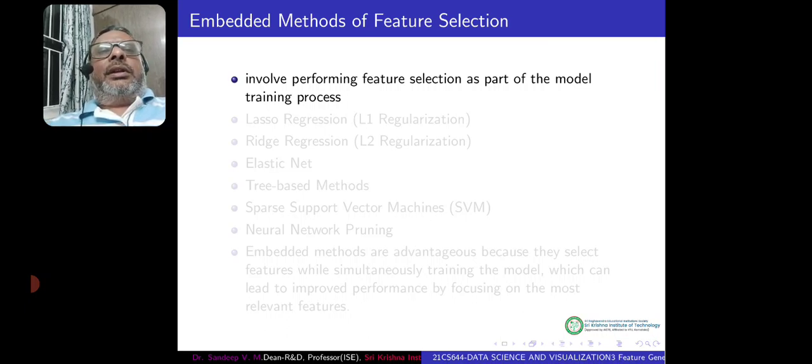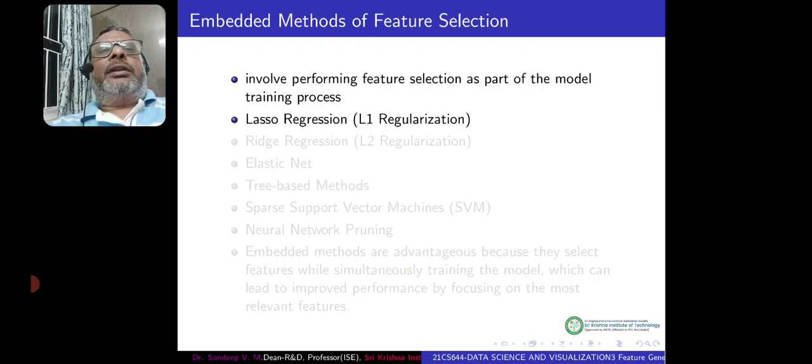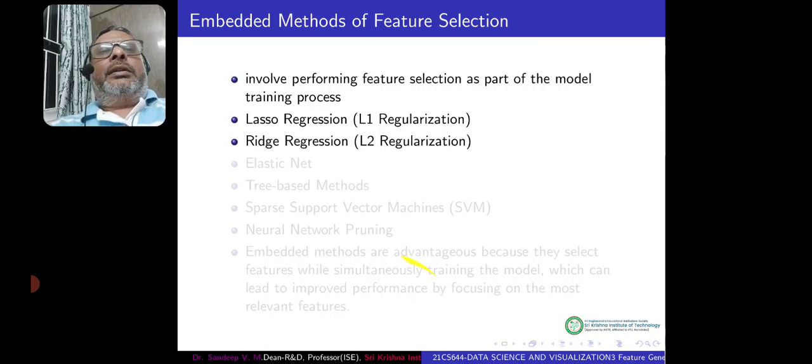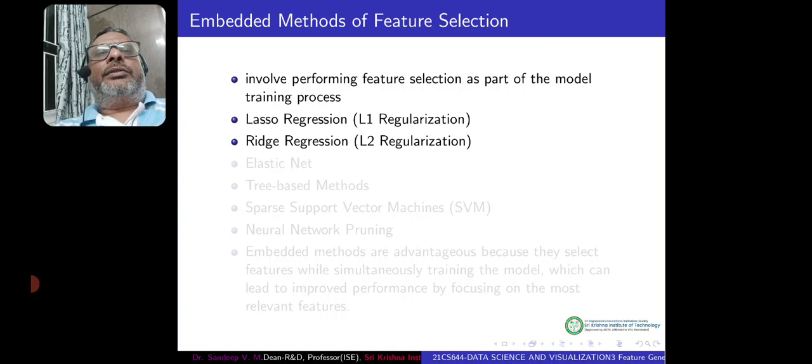So that's what we call regularization. There are basically two types of regularization: the L1 regularization, also called lasso regression, and L2 regularization, which is also called ridge regression. So L2 has to do with the Euclidean distance, and L1 is the Manhattan distance.